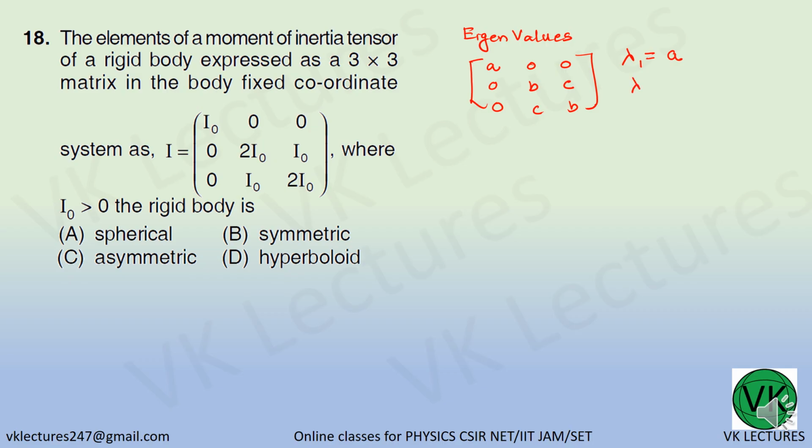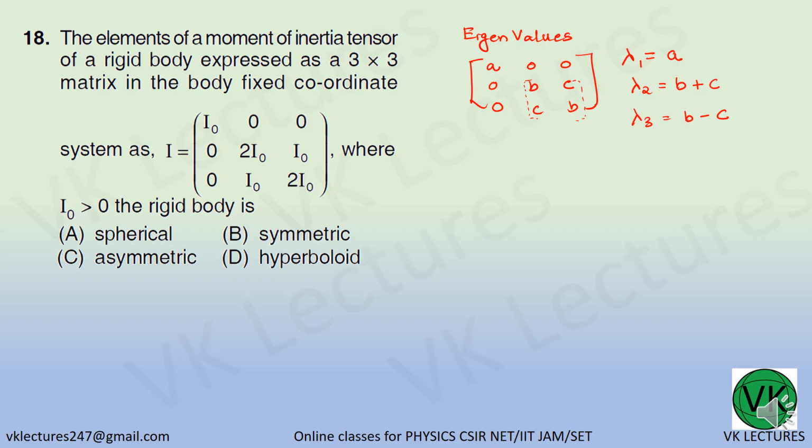Lambda 2, the second eigenvalue, is from this block, so that will be equal to B plus C, and lambda 3 equal to B minus C. Okay, these are the eigenvalues.